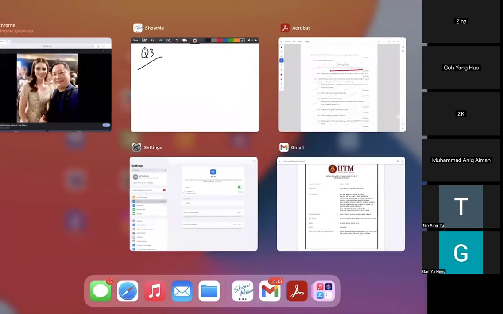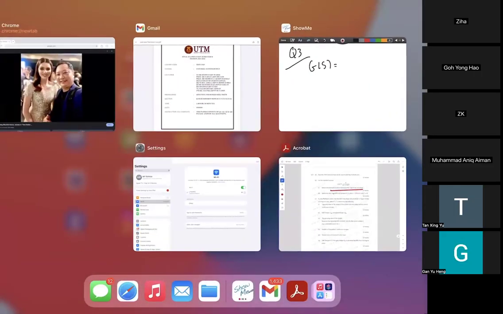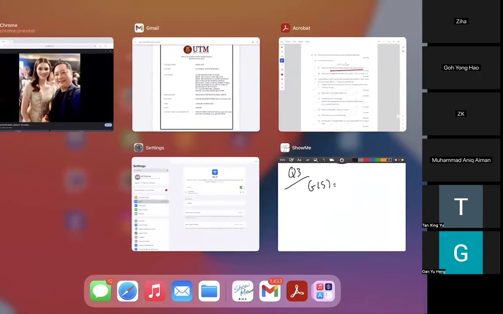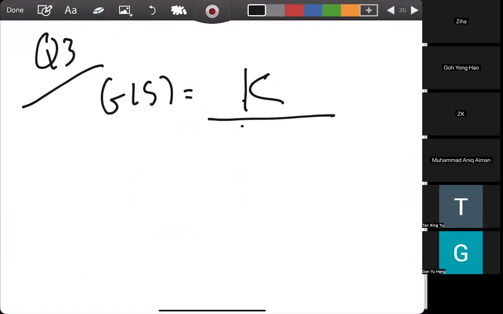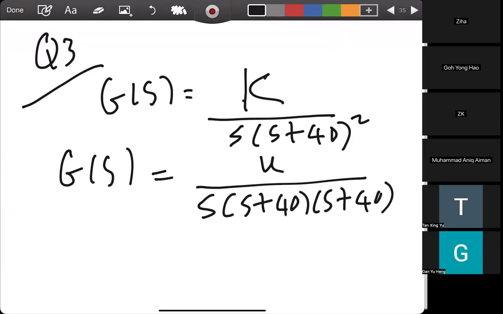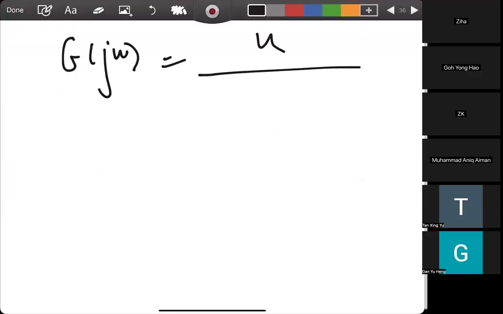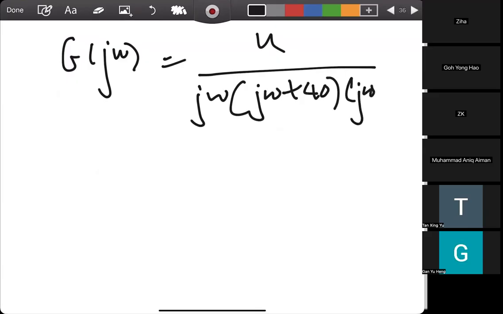G(s) is K over (s plus 40) squared. Is it correct?